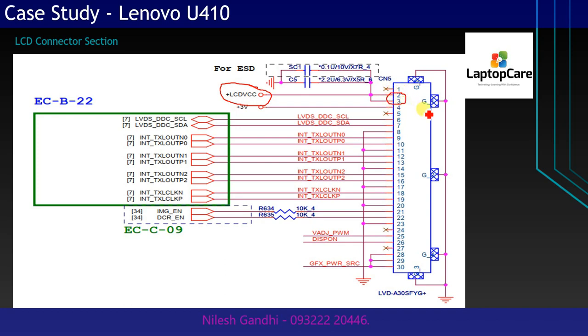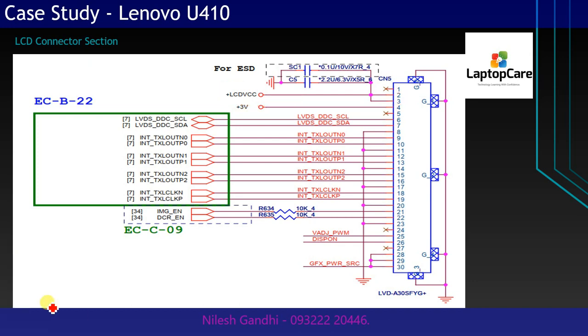Here I measured and found that instead of plus 3.3 volt it was showing 0 volt. So now it is 100% confirmed the supply to the screen is missing here.